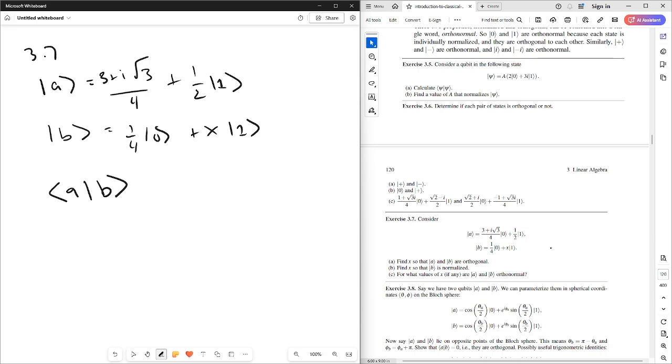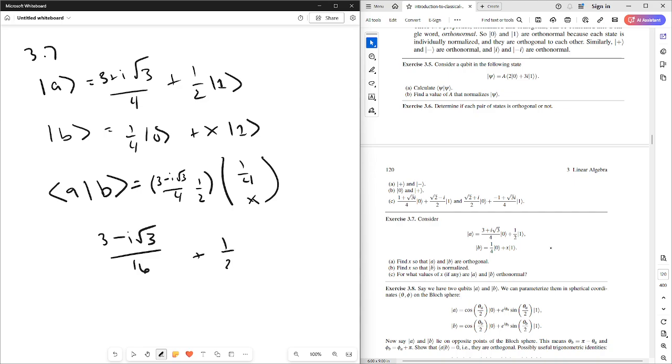What that's going to wind up being is the conjugate transpose: 3 minus i square root of 3 over 4, 1/2, multiplied by 1/4, x. We do the dot product, and we wind up with 3 minus i square root of 3 over 16 plus 1/2 x.